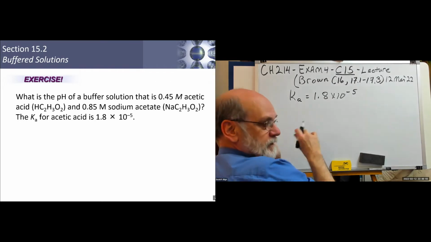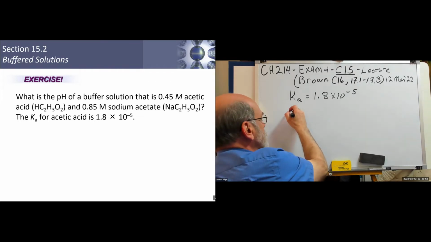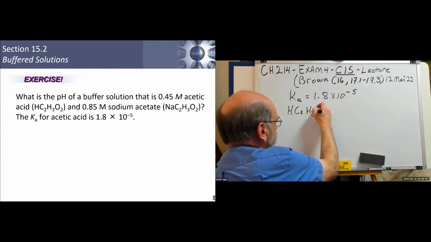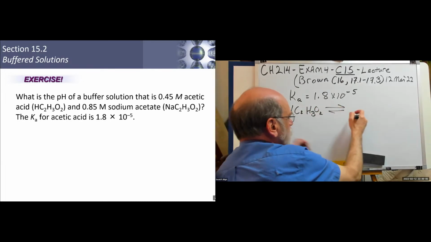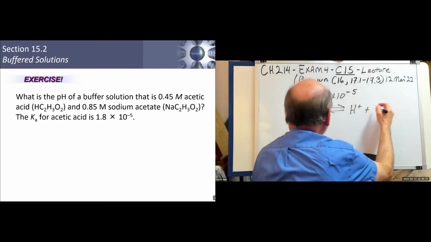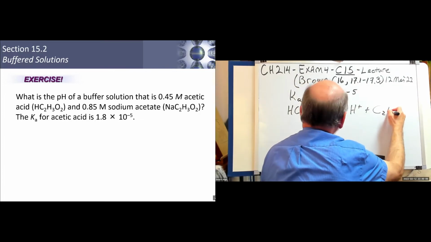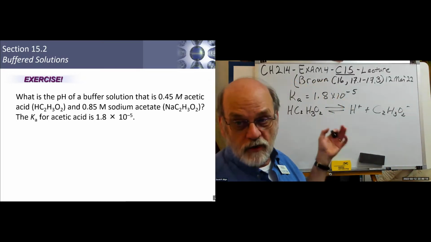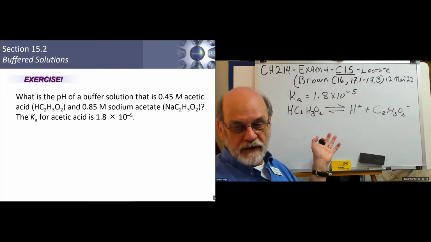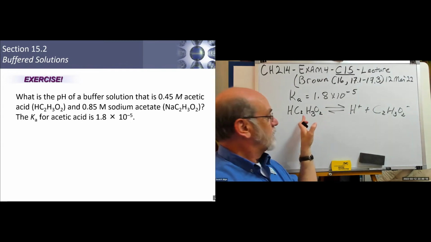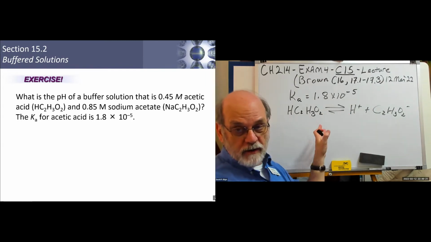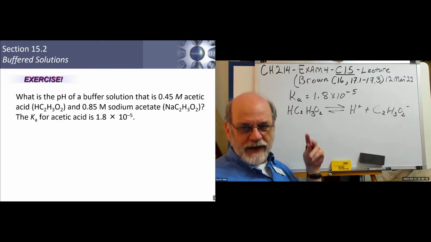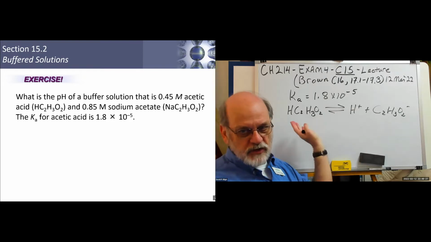So your equilibrium situation is acetic acid in equilibrium with hydrogen ions and acetate ions. Notice we're writing this in a simplified version. We're not using hydronium ions where acetic acid would react with water, which physically is exactly what happens. But for calculation purposes, this works just as well.